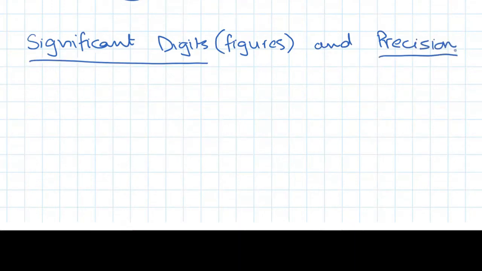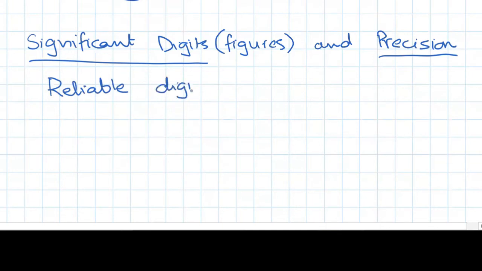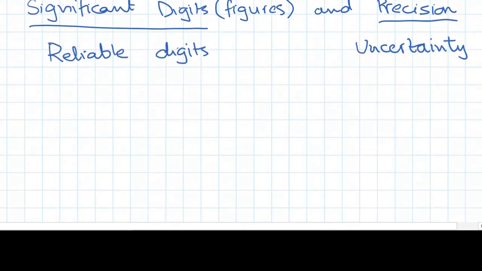Significant digits talk about reliable digits, and precision is talking about uncertainty. Whenever we do a measurement, we use some instrument, and the instrument has a least count.